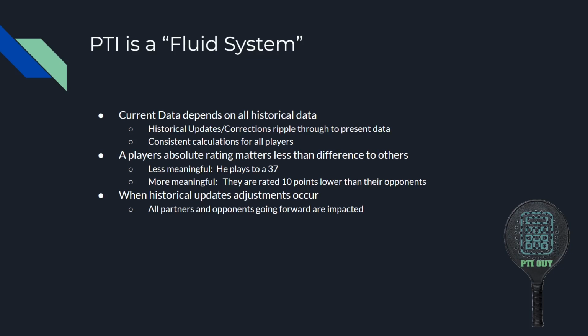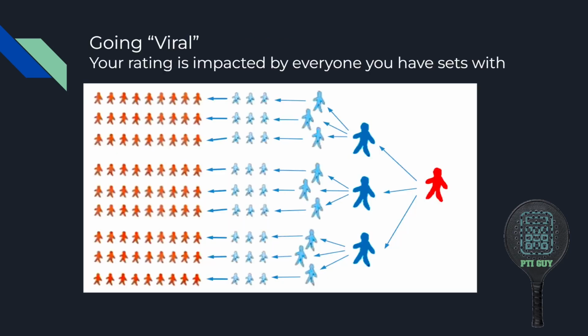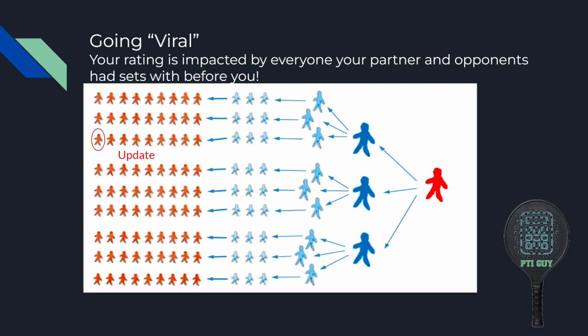Let's see how historical updates occur and how, going forward, all partners and opponents are impacted consistently. In a previous video, we showed how PTI adjustments are calculated after every match. And these adjustments depend on the results of that match and the ratings of all the players on the court. Of course, the four competing players' ratings depend on the results of their previous match and the ratings of their partners and the opponents at the time of that match.